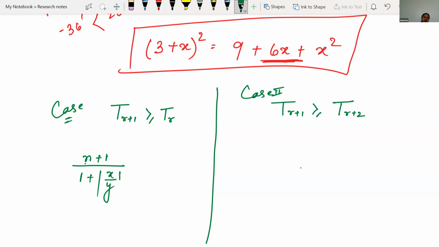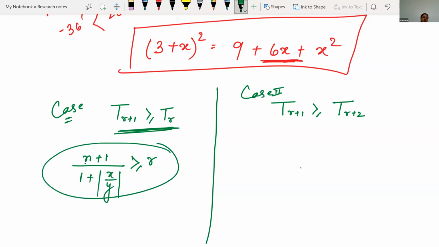Again, whenever I say x by y, x means the first term and y means the second term in our binomial expansion. This is one of the conditions we get after solving this. You don't need to solve it; you need to keep this in mind.